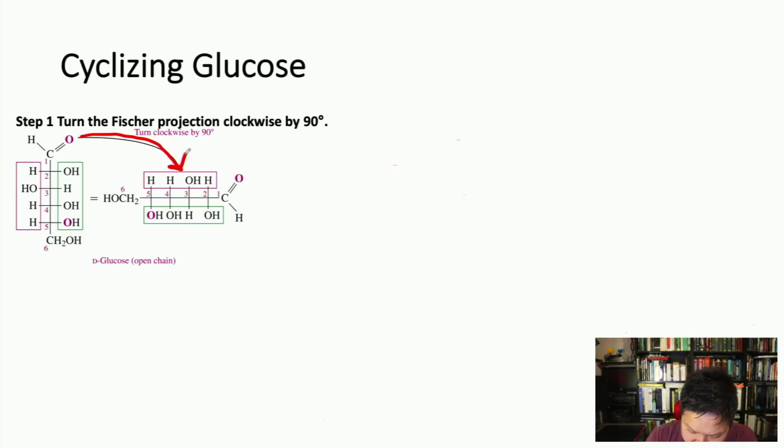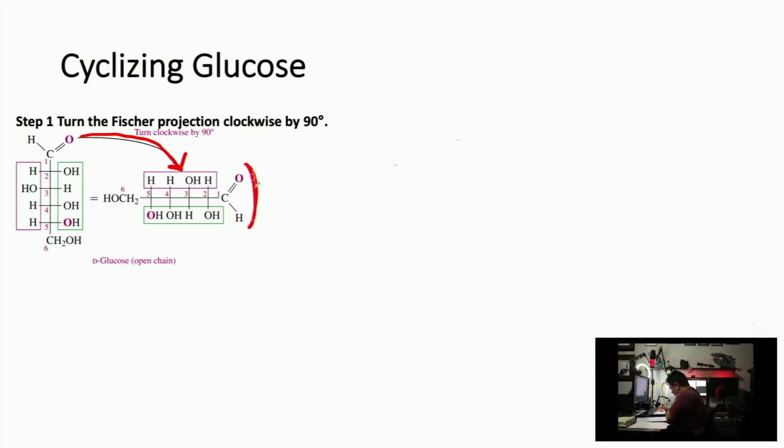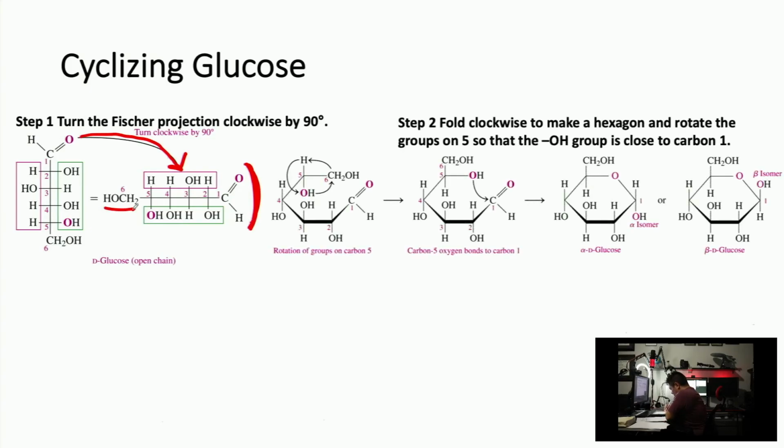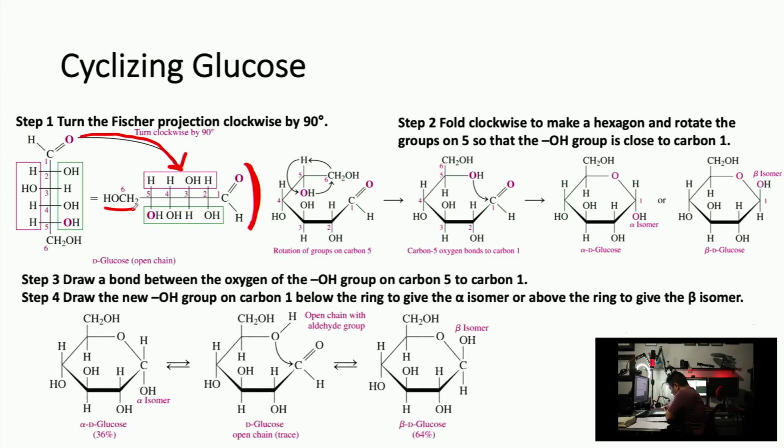Put it on its side. Make sure that the aldehyde group is to the right of the molecule and the CH2OH is on the left side. Then you're going to want to fold that straight chain in half so that the CH2OH group is now close to that carbonyl group.